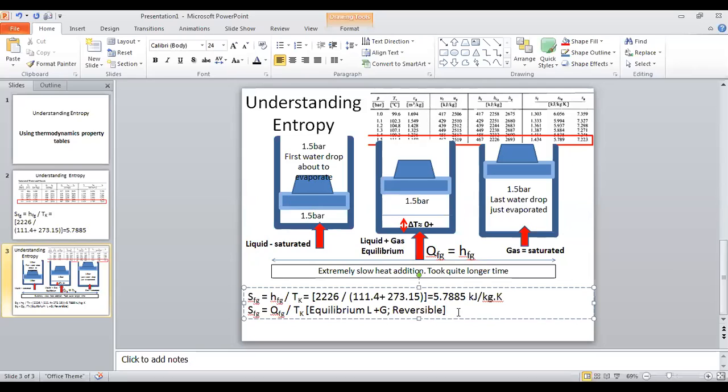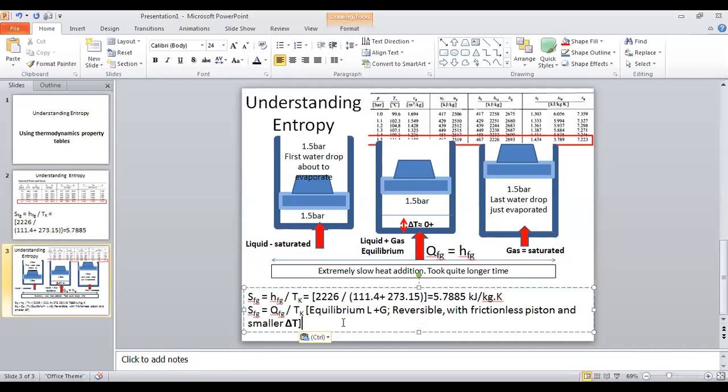Reversible with a frictionless piston and a smaller delta T, a smaller temperature gradient or temperature difference.